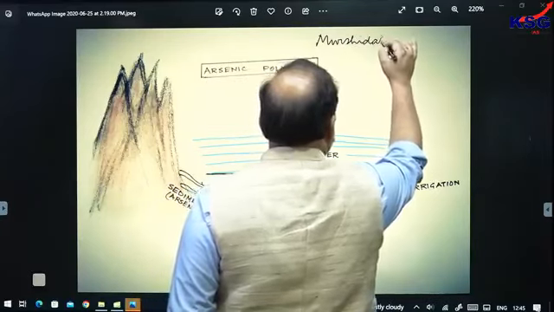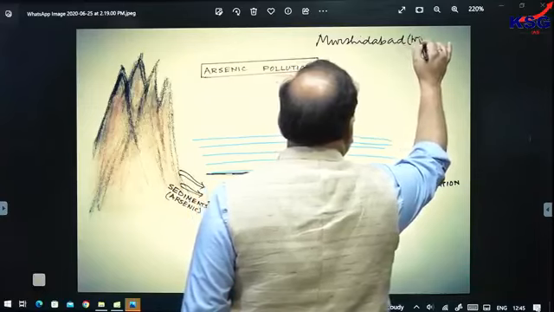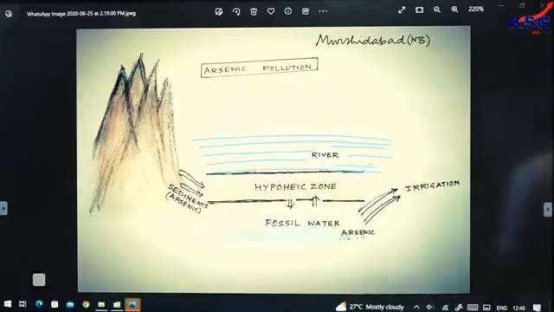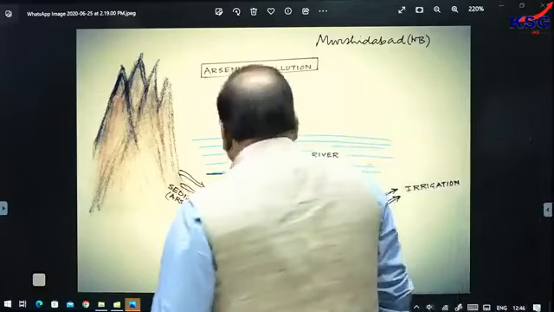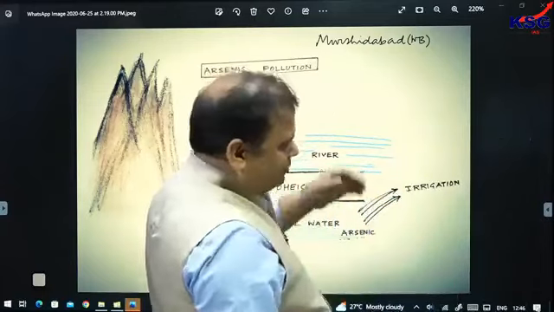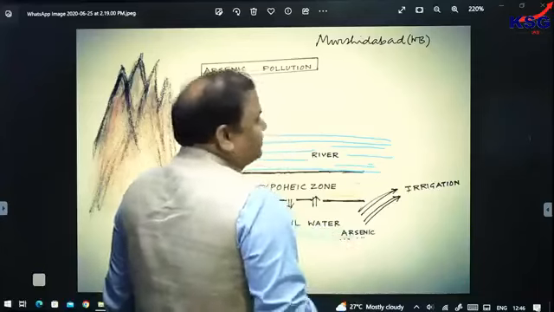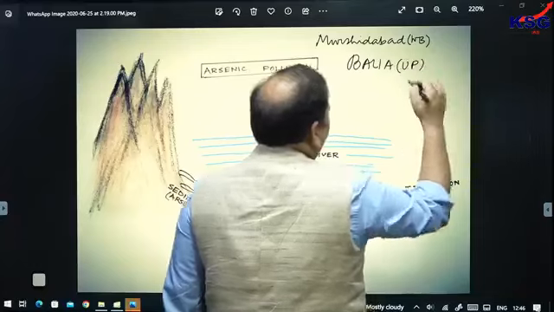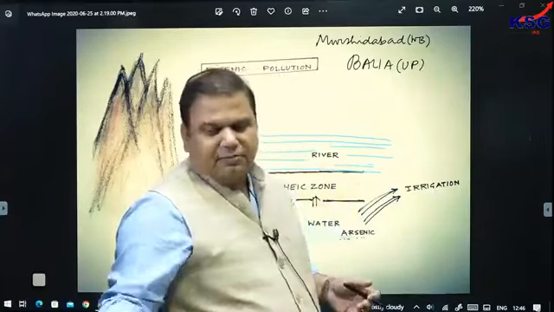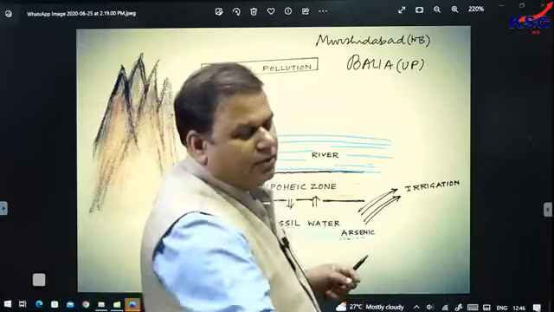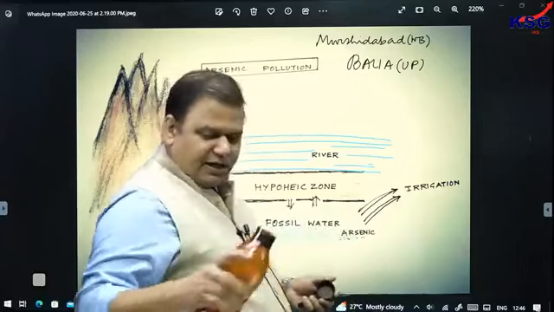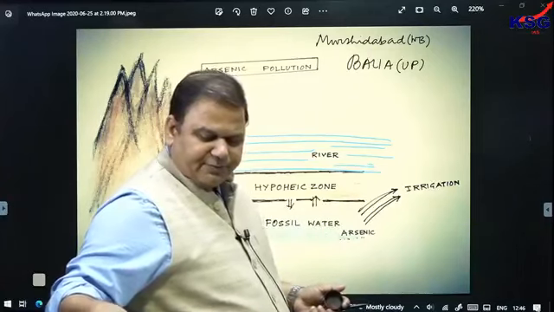But the maximum level of arsenic contamination is present in Balia district of Uttar Pradesh.